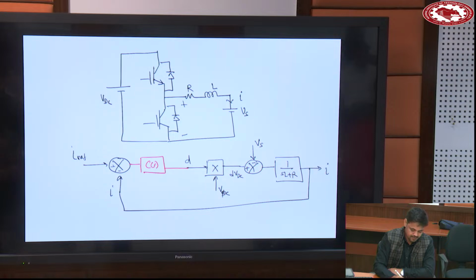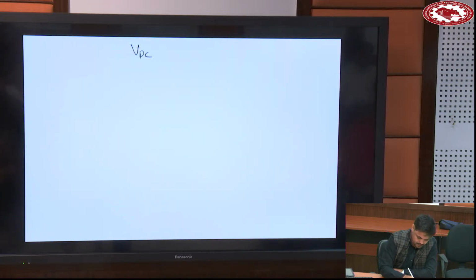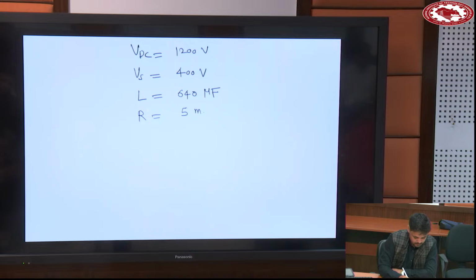The parameters I will give you. Parameters are VDC is equal to 1200. Vs is going to be 400 volt. L is going to be 640 microfarad and R is going to be 5 milliohm.